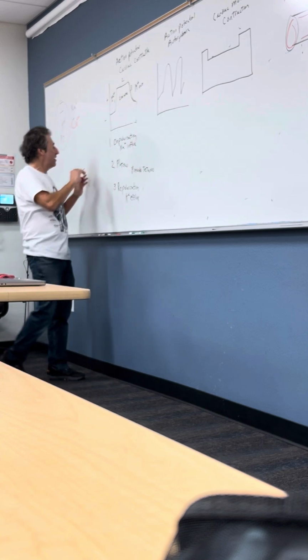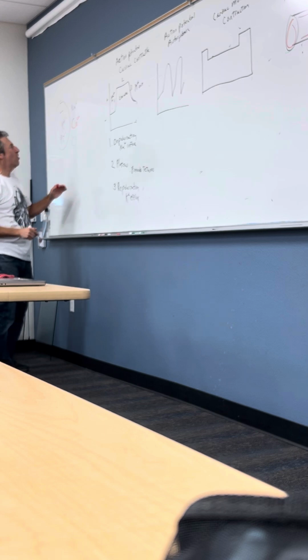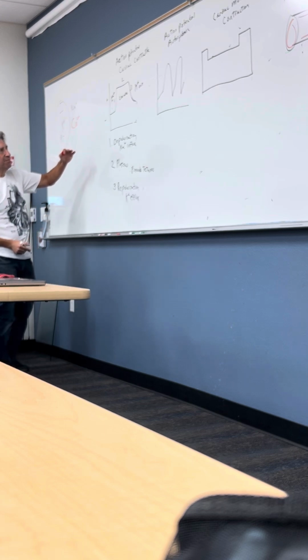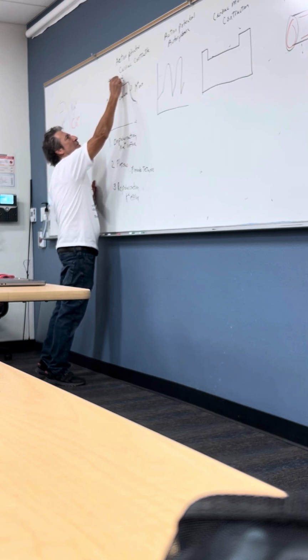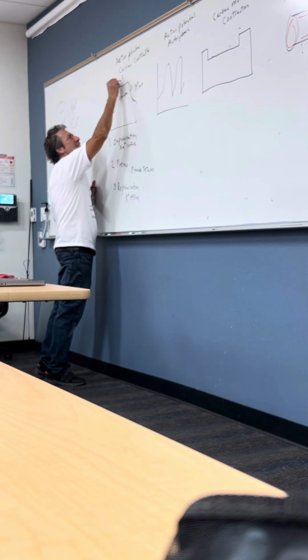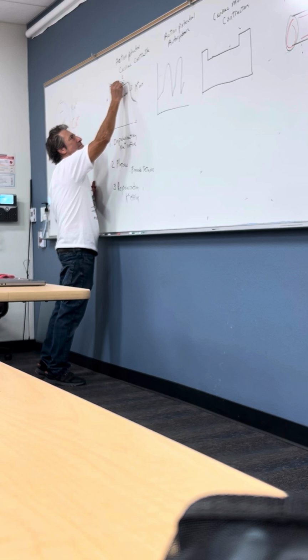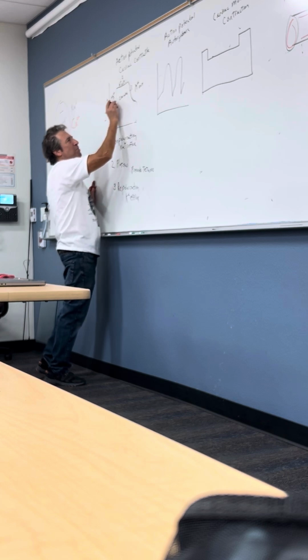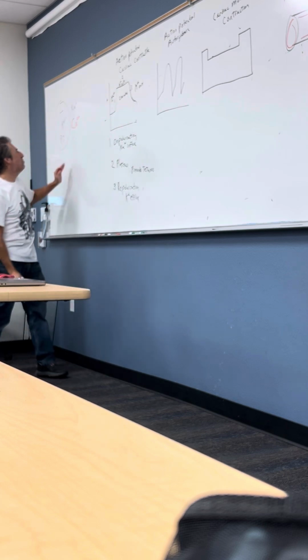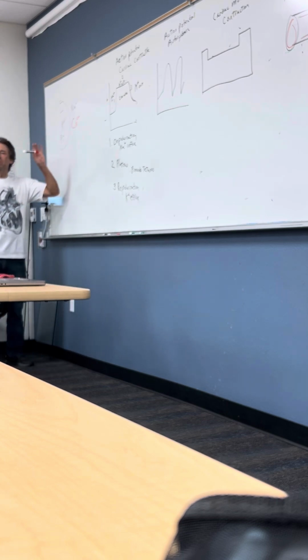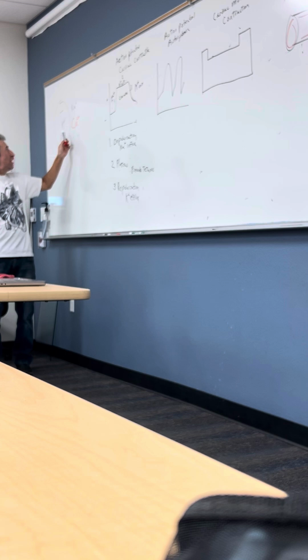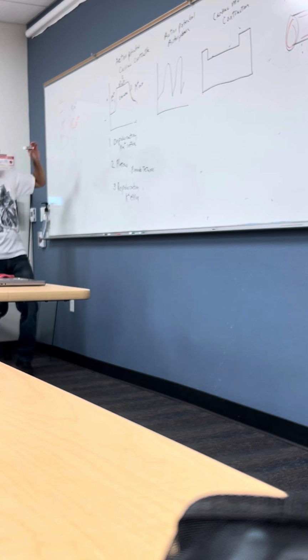But the idea, and how to get at this, is: what is going to cause this to stay positive? We're still going to have potassium out. Potassium channels are already opening, positives going out. But what is going to keep it from turning negative?